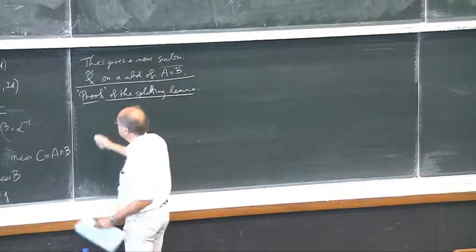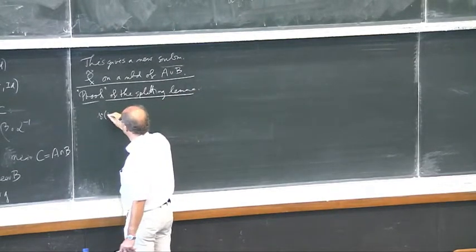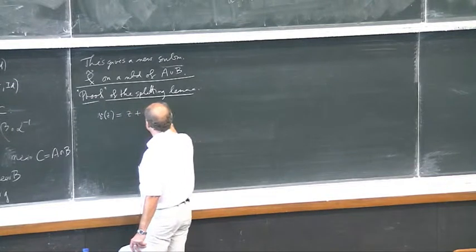is that you have gamma, which is z plus some small function of z.